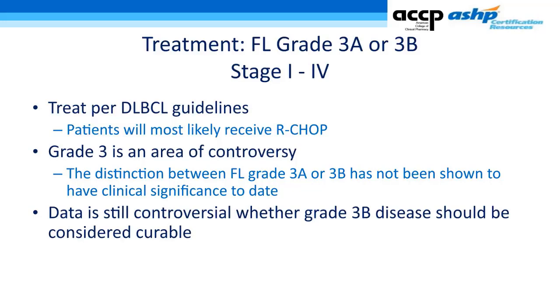The distinction between grade 3A and 3B is certainly very difficult to make and hasn't been shown to be clinically significant. So I would guess that this type of disease will be considered an area of controversy and not testable on the board exam. However, if this would appear, your best guess is to treat it like diffuse large B-cell lymphoma and recommend R-CHOP.